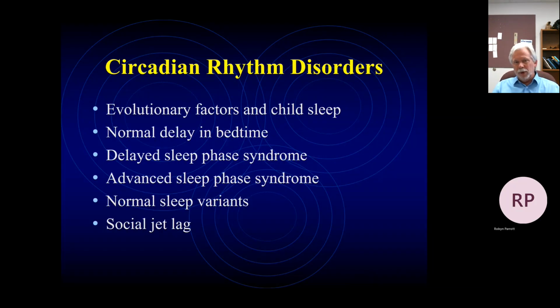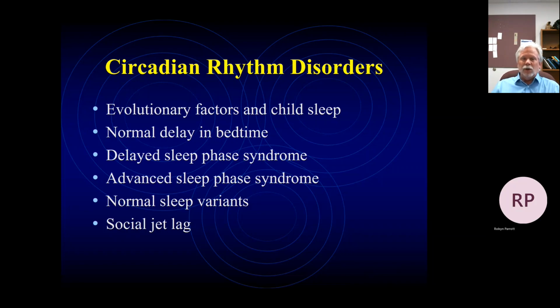But children can be predisposed to circadian rhythm disorders and circadian rhythm changes that aren't really disorders. So evolutionary biologists would say, well, children need to sleep partly because they need to be quiet during the night, and they need to have some respite time for the parents to do whatever they're going to do.